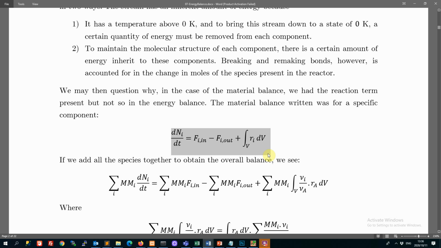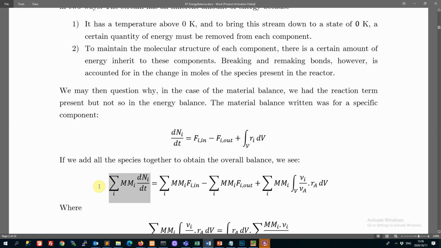However, you still cannot talk about the creation of mass, right? Mass and energy are not created or destroyed, at least not in chemical reactors. So we are not creating mass. So if you weren't writing just in terms of component I, if you wrote instead in terms of total mass in the system, and of course this is number of moles, so if we want total mass, then we have to multiply by the molar mass and add up over all species.